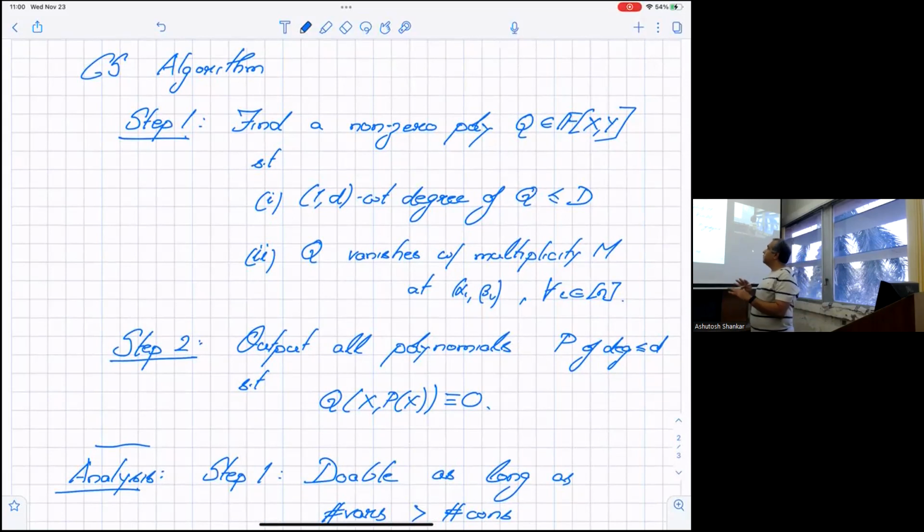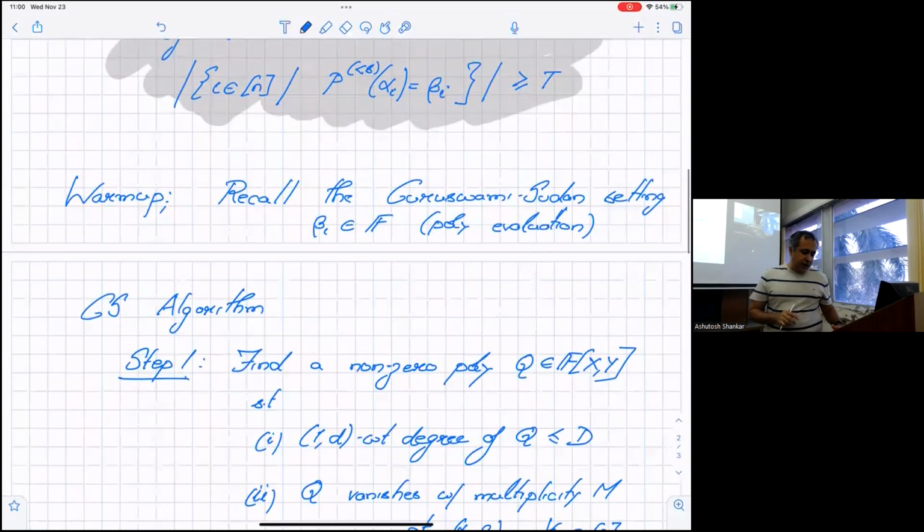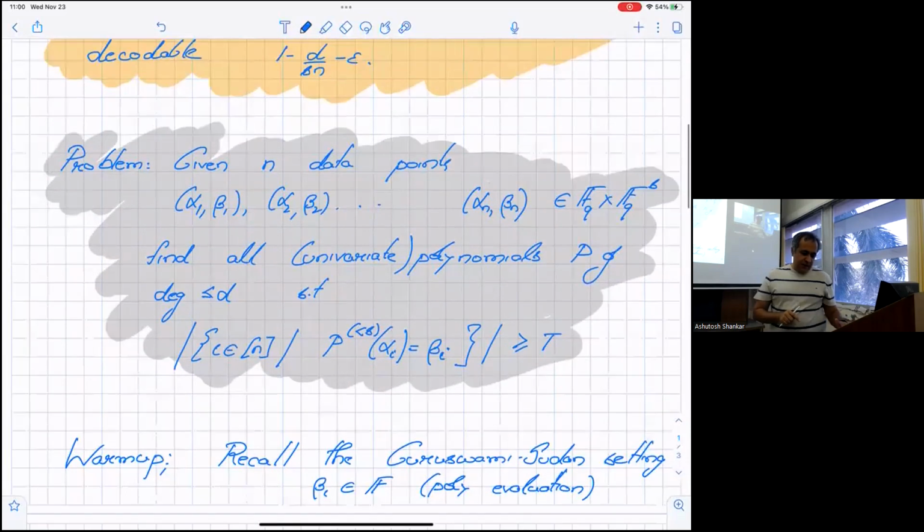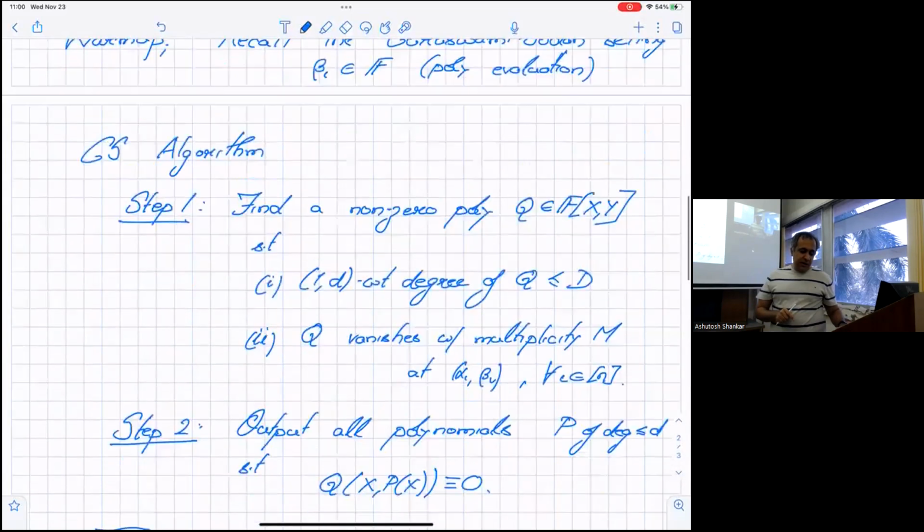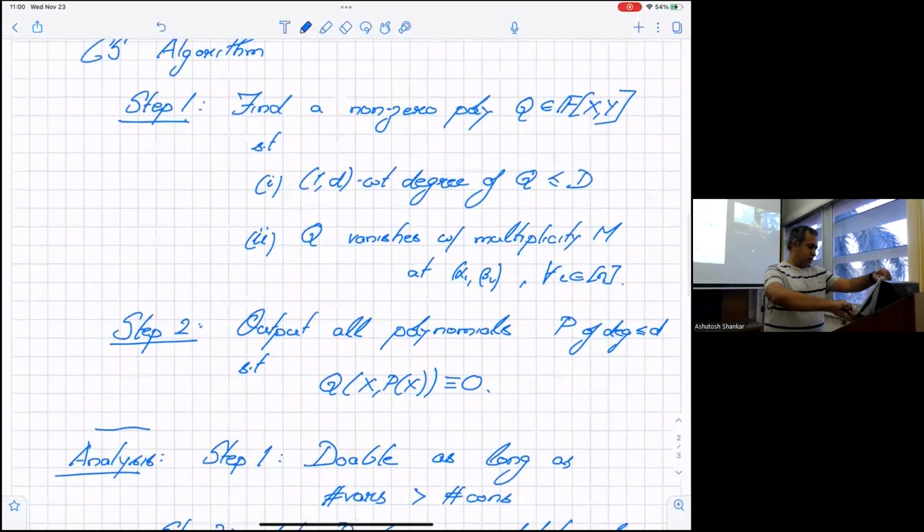For a suitable setting of the parameters, basically for a suitable setting of p, d, s and epsilon, we'll show that there is a setting of parameters capital D and capital M such that this list is small. So that's going to be the game plan. So let's try to mimic each of these steps.